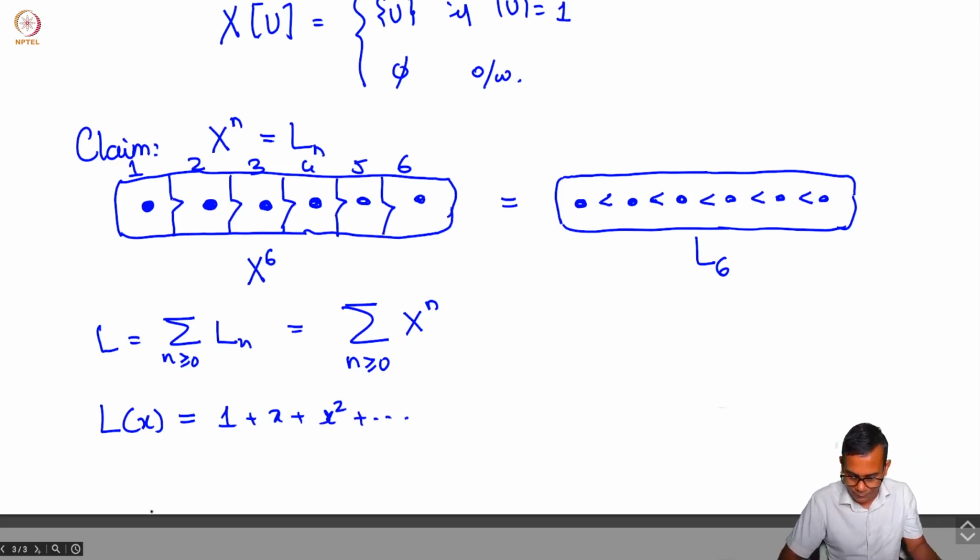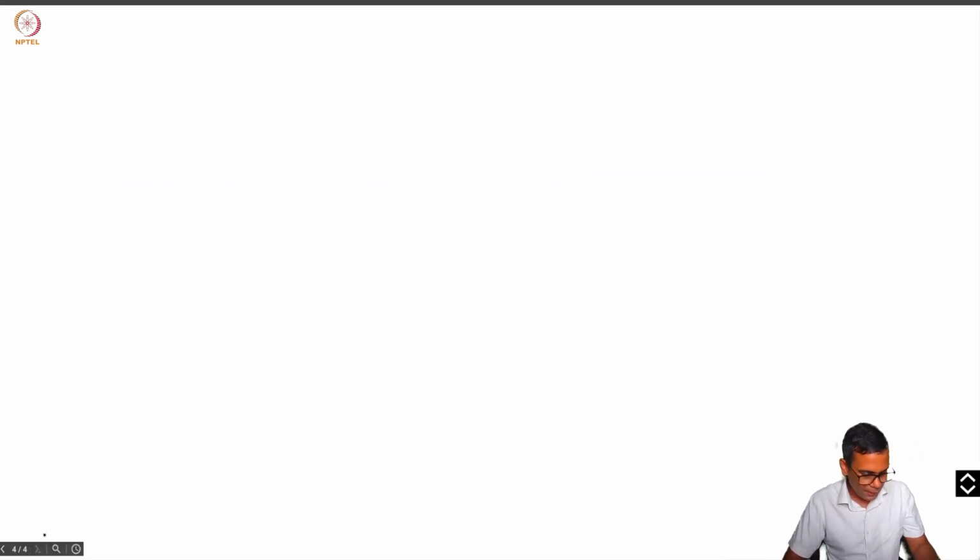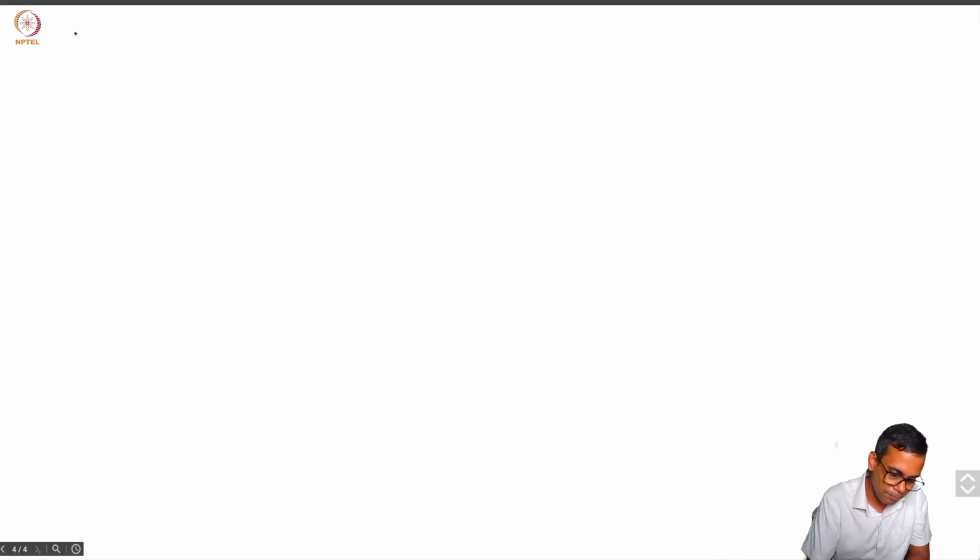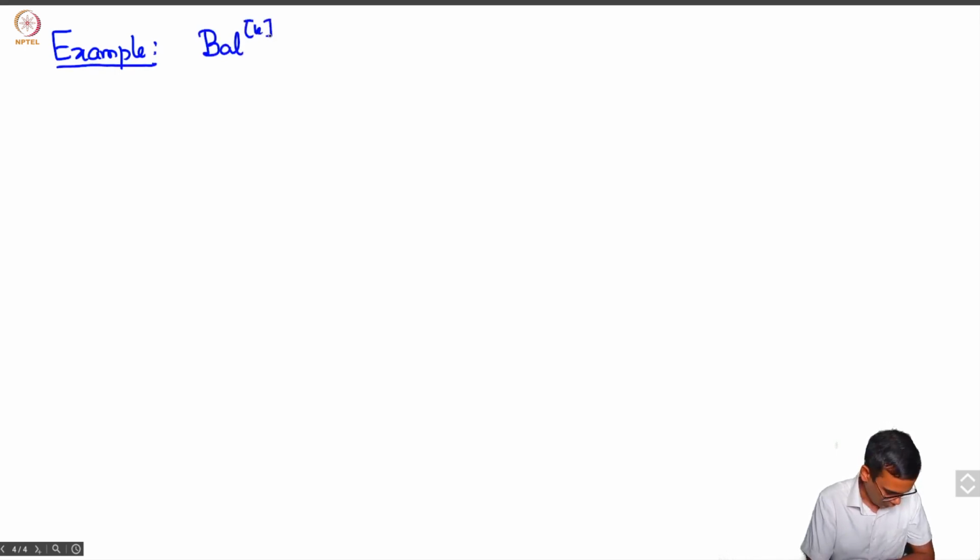Okay, let's look at another example, the species of ballots. So the species Bal_k is just defined to be E plus to the power k. What is E plus?